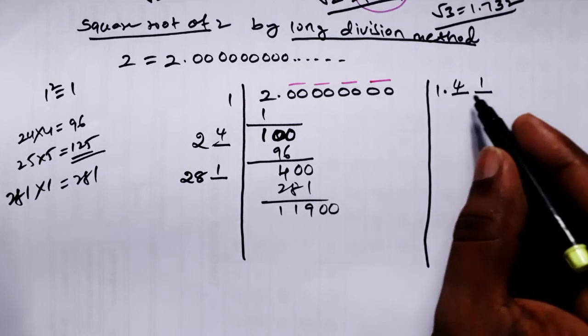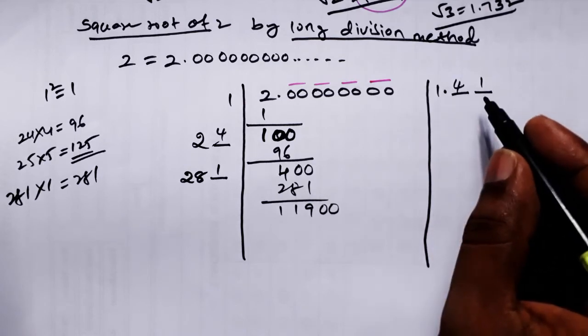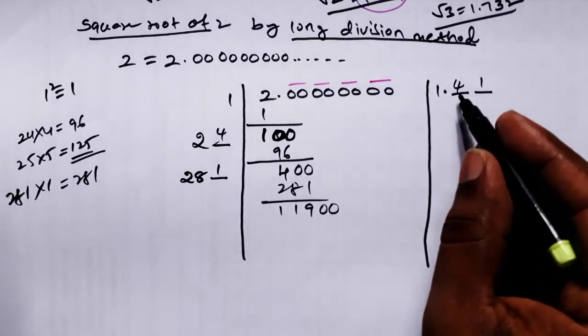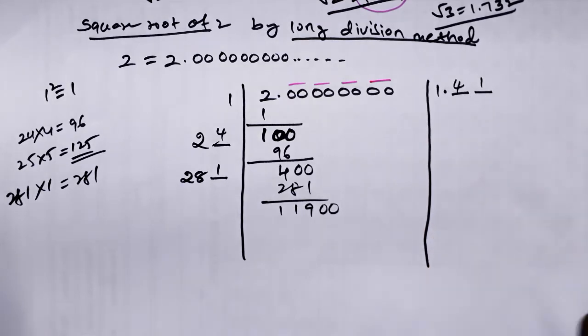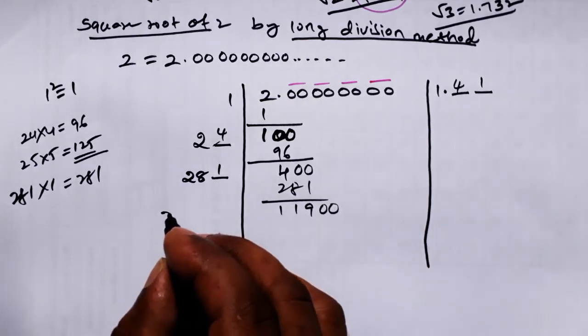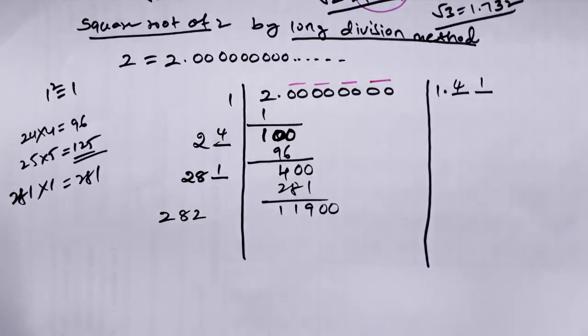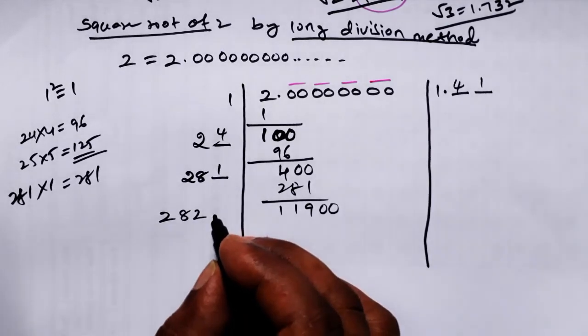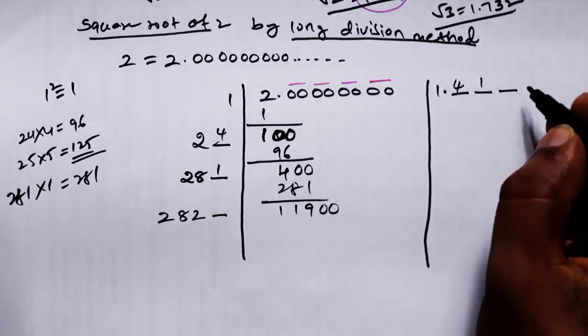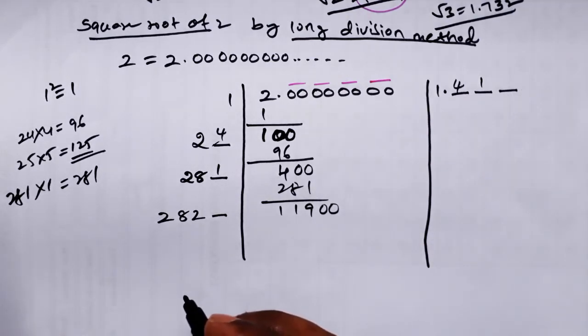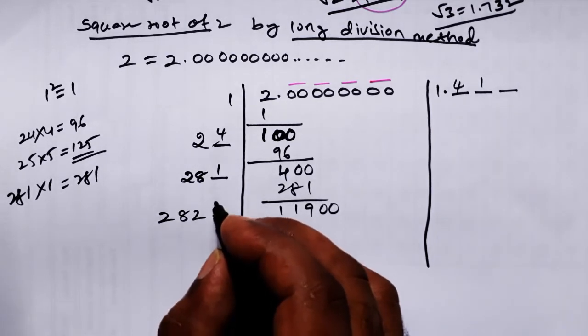Opposite to this 11,900, what do we write here? Observe, forget about the decimal point. The number is 141. 2 times 141 is 282. Write one digit here and the same digit here. I am taking 4.